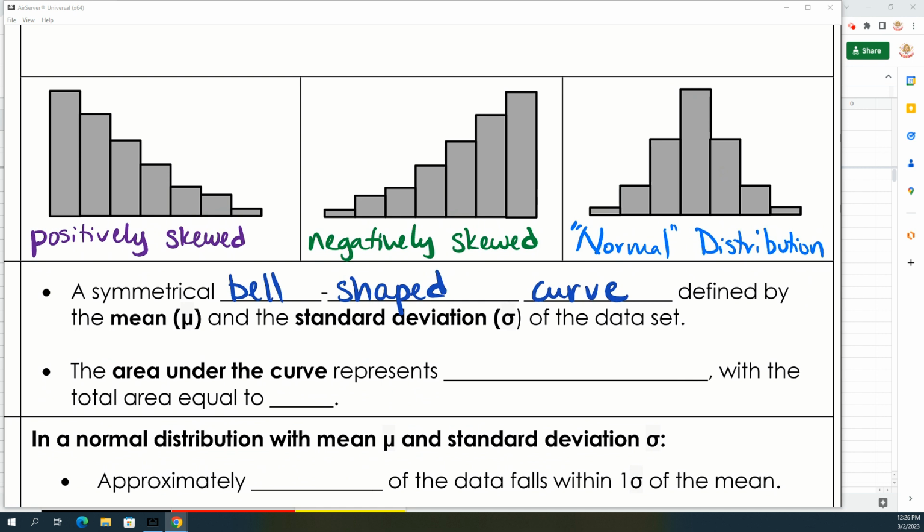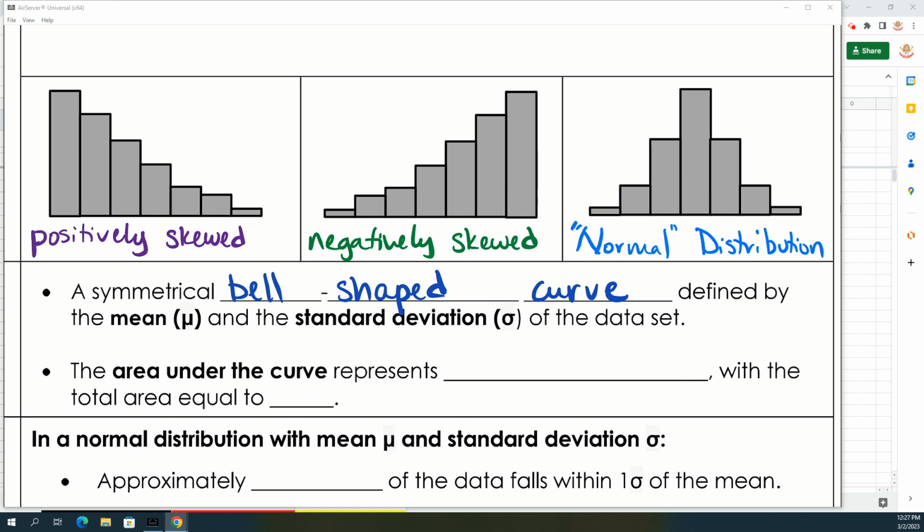And for the mean, just like yesterday, we talked about just a tiny bit, the mean is represented as this Greek letter mu, and the standard deviation, which is another Greek letter sigma. And we haven't talked about standard deviation, but what I need you guys to understand about standard deviation is it just tells you how spread out or condensed the data is.